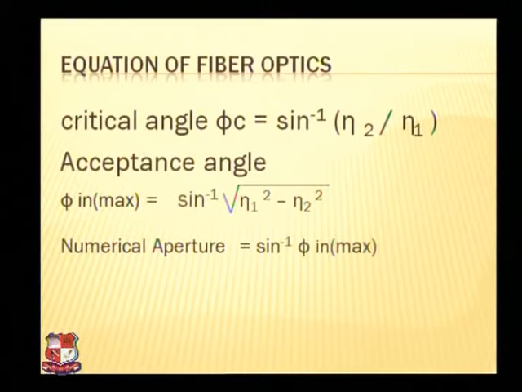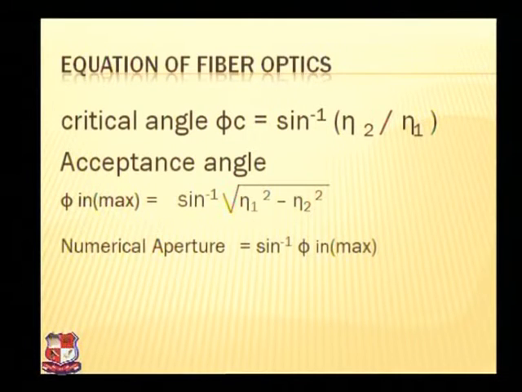We can also represent it as the equations of fiber optics, that is critical angle phi c is equal to sine inverse eta 2 upon eta 1. These three equations of critical angle, acceptance angle and numerical aperture are obtained with the help of Snell's law. Through Snell's law, you can not only derive but also calculate the values of critical angle, acceptance angle and numerical aperture.